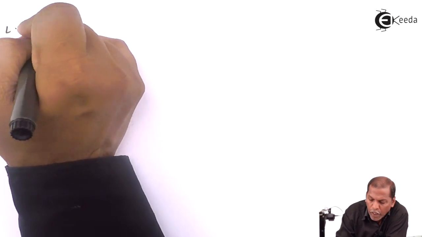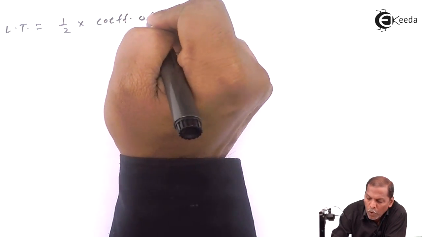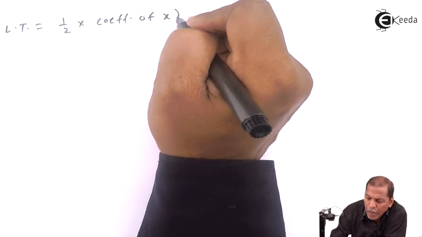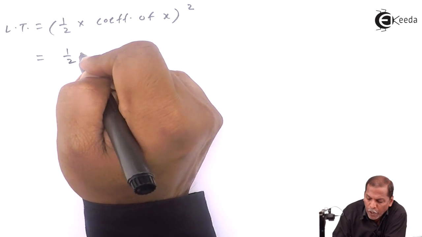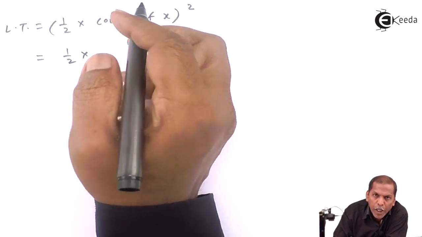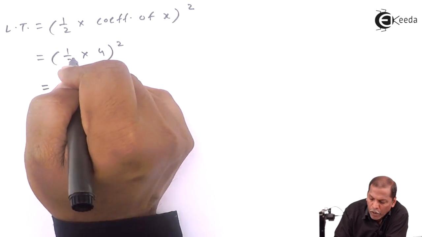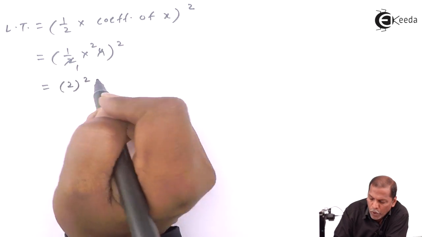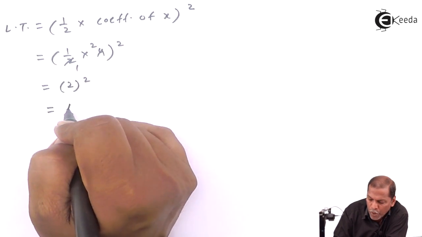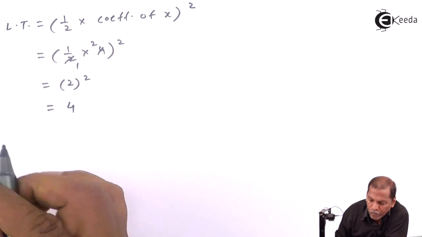So the last term LT is equal to 1 by 2 into (coefficient of x) the whole square, and that is equal to 1 by 2 into (plus 4) the whole square. On cancellation, we get (2) the whole square, and that gives us plus 4. So this is LT for the first bracket.